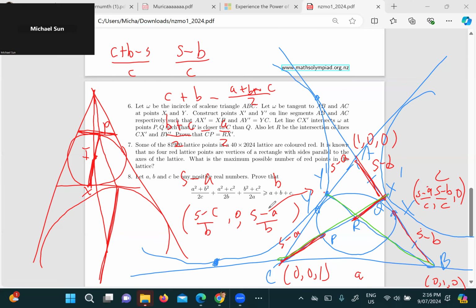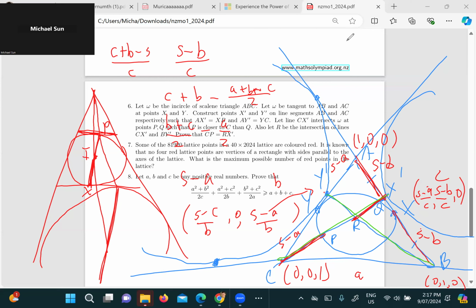So R is a point where the ratio of the first and third is S minus C on B, S minus C on S minus A, and the first and second is S minus A on S minus B. You know?